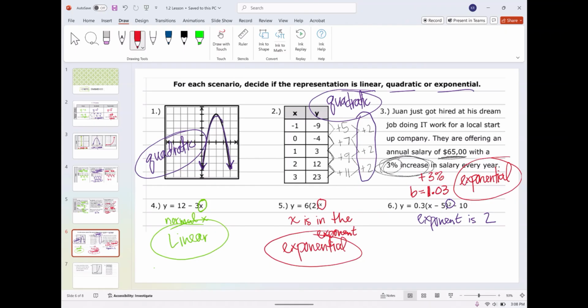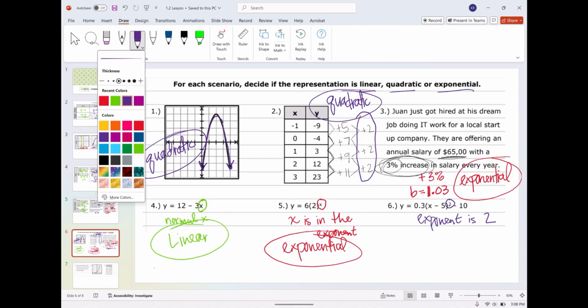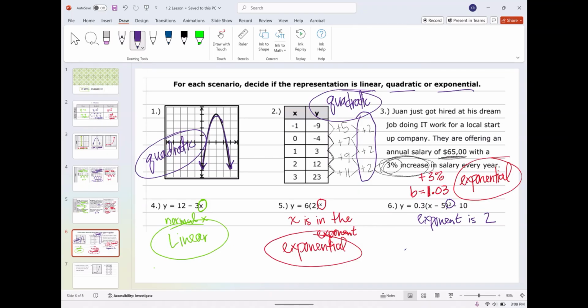And then number 6, if you notice, we have this (x minus 5) to the second power, so the highest power is 2, and that is going to tell us that's going to be a quadratic equation, and when we graph it, it's going to make that U-shaped parabola.